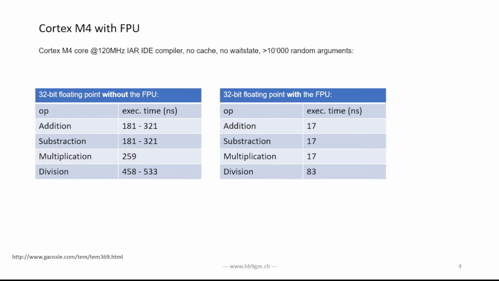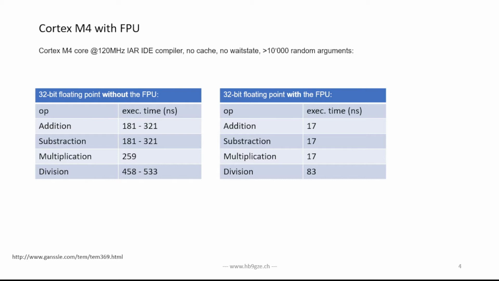I found a very interesting test here from the Gansel group. They published a while ago. They took a Cortex M4 with a floating point unit. That's the same core processor I'm using for my experiments. They let it run at 120 megahertz. And they found that without floating point units, they needed about 180 to 320 nanoseconds per adding operation.